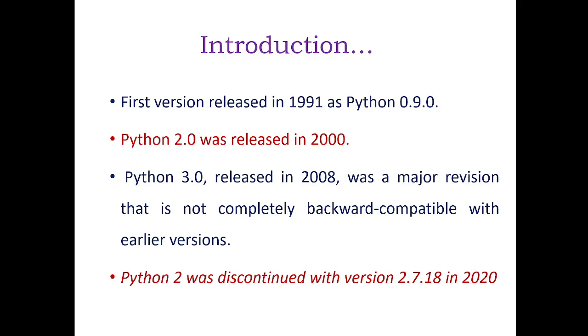Python 3.0 was originally released in 2008, which was a major revision over the 2.0 versions and is not completely backward compatible with the earlier versions. And from 2020 onwards, all the Python 2 versions were discontinued.